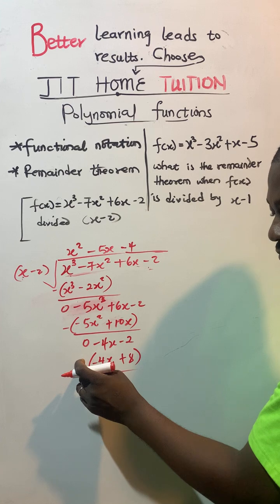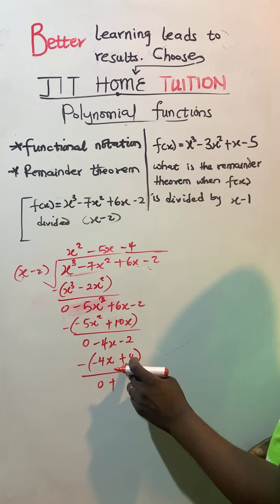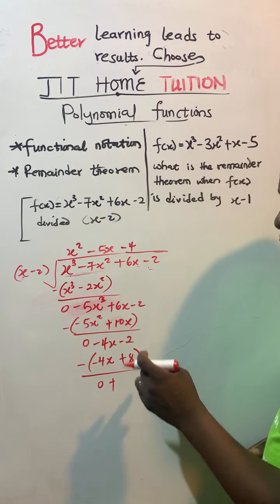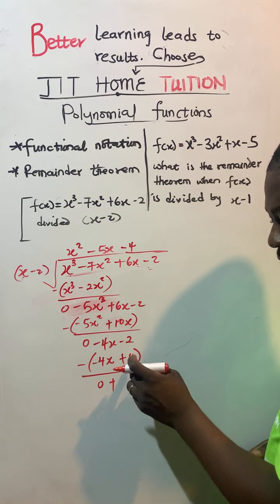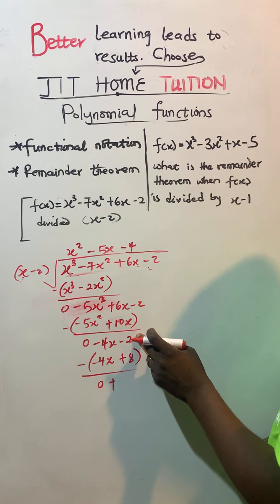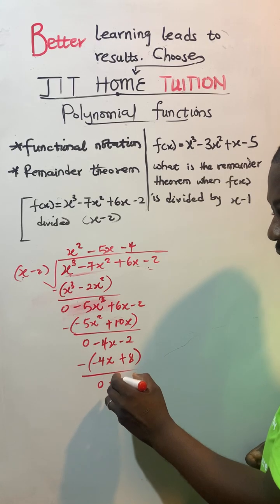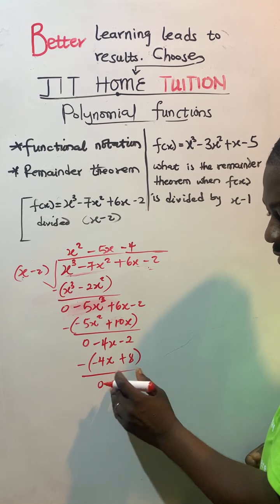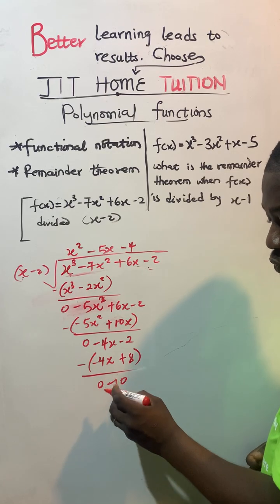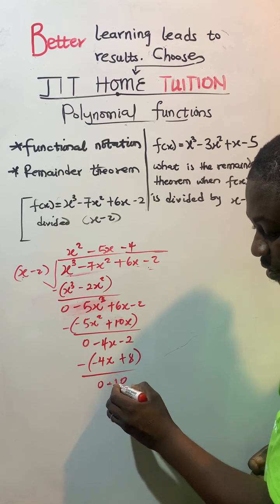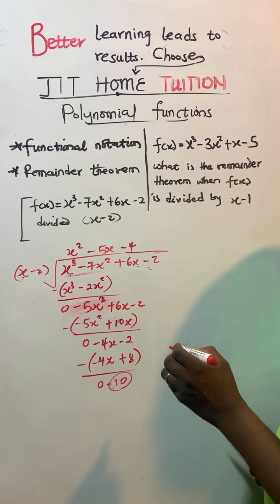But the negative will also affect this one. So what is it giving you? It is giving you negative 8 plus this one, and that will give you negative 10. So what it means is that this is the remainder.